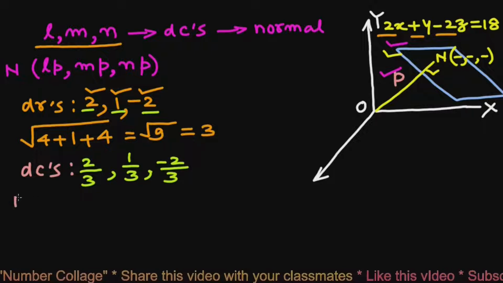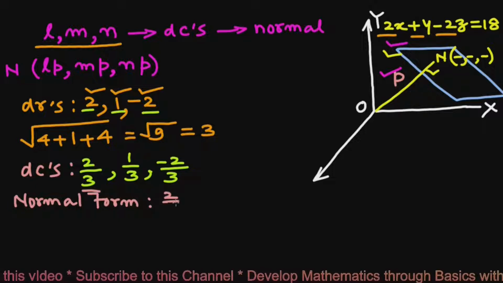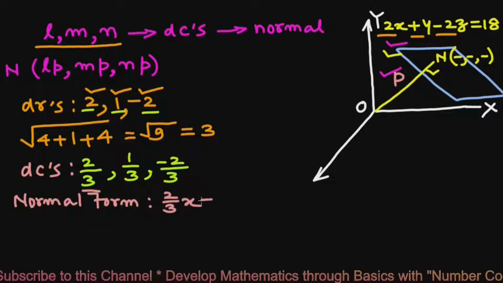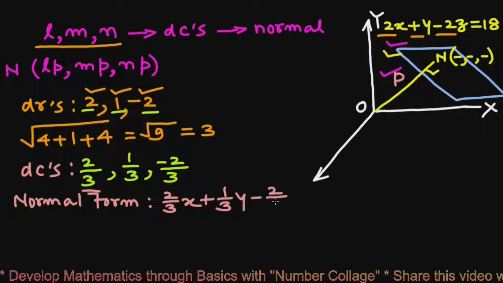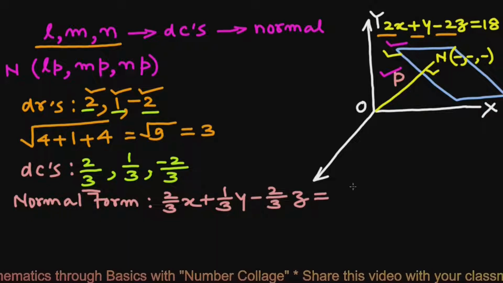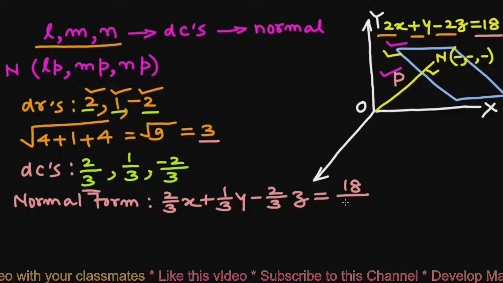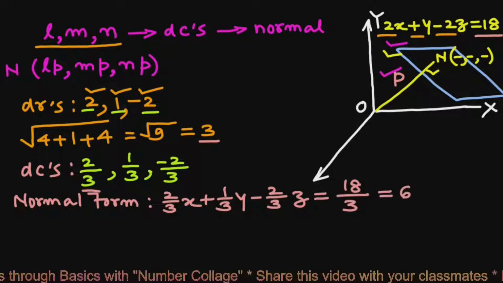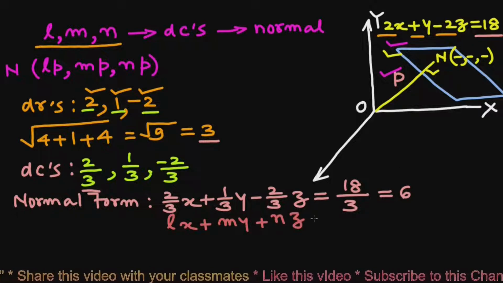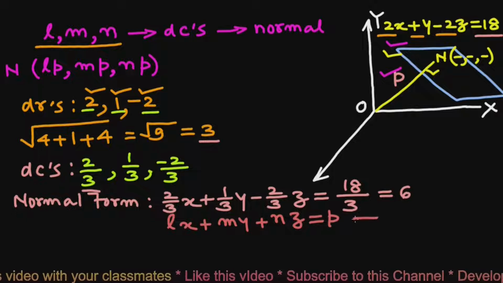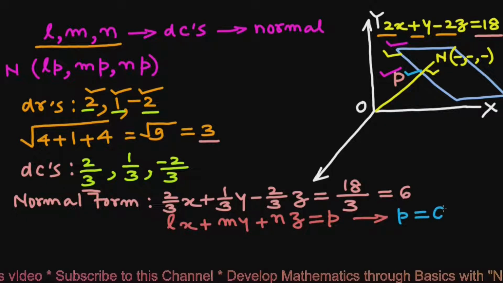So the normal form of the equation of this plane will be 2 upon 3 x plus 1 upon 3 y minus 2 upon 3 z equals, from this Cartesian equation, 18 upon 3, that is 6. Comparing this equation with lx plus my plus nz equals p, we get the perpendicular distance p equals 6.